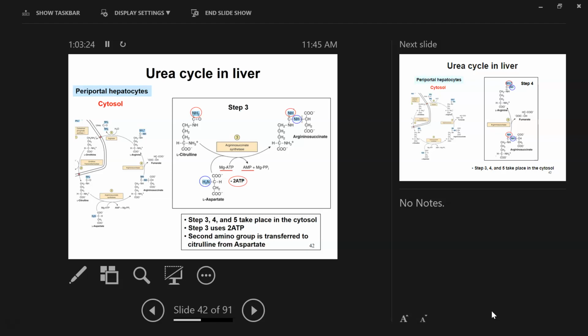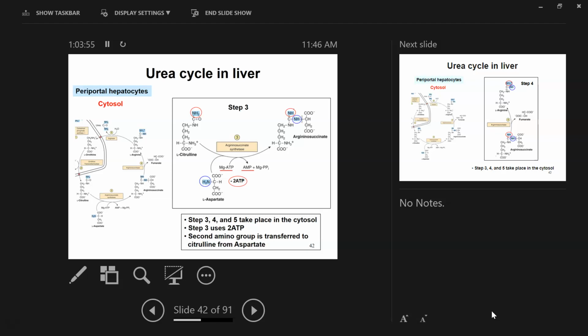So in step 3, you need this enzyme for the reaction. You also want to remember these 3 points here. Steps 3, 4, 5 take place in the cytosol, and step 3 uses 2 ATPs.